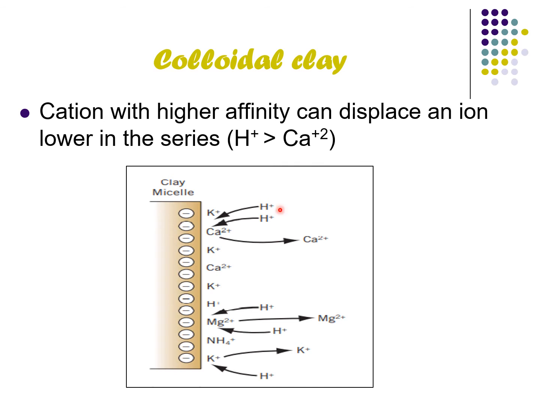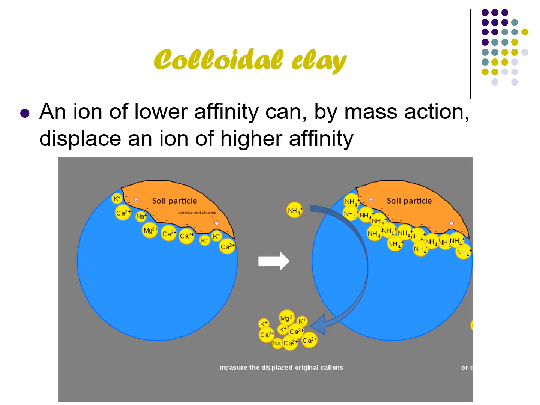The same is shown in this example, hydrogen displacing calcium ion, which is lower in the series. Alternatively, an ion with a lower affinity, for example, ammonium ion, by mass action can displace an ion of higher affinity.